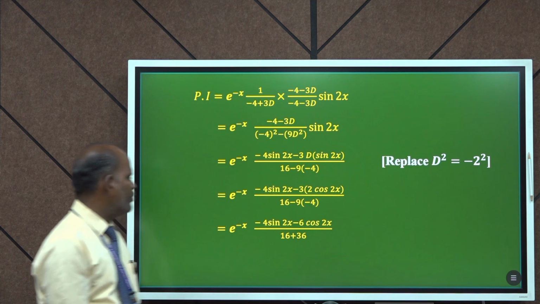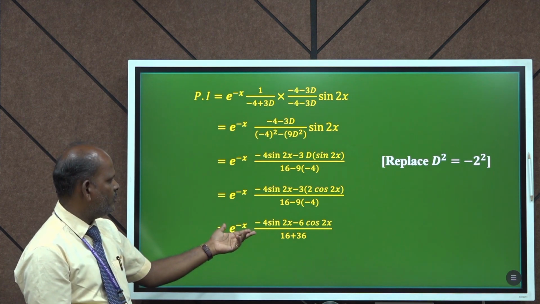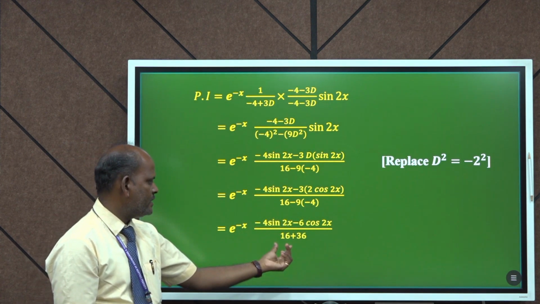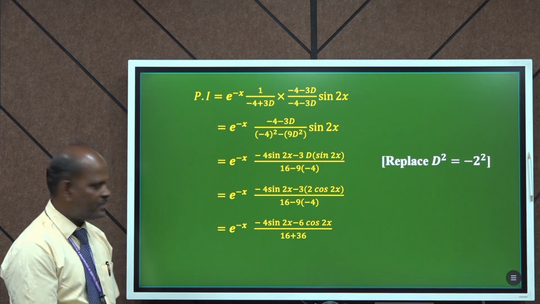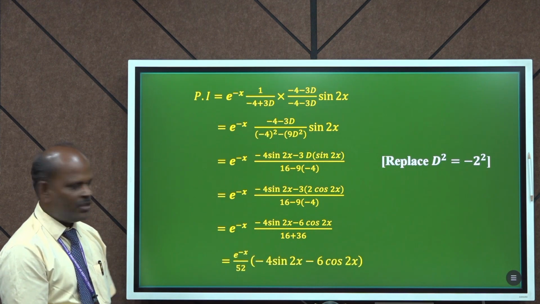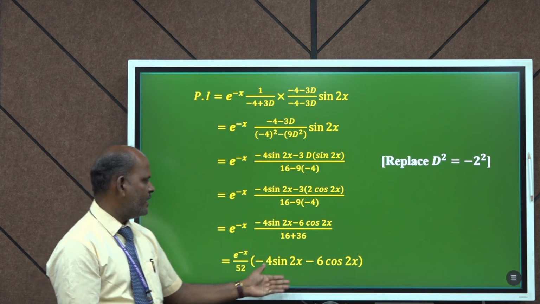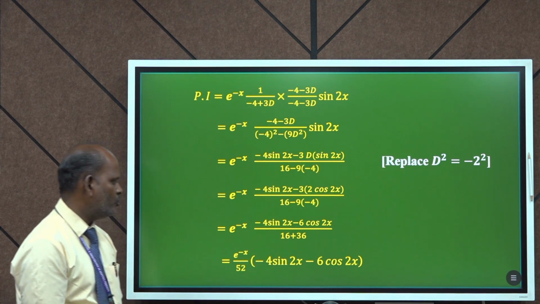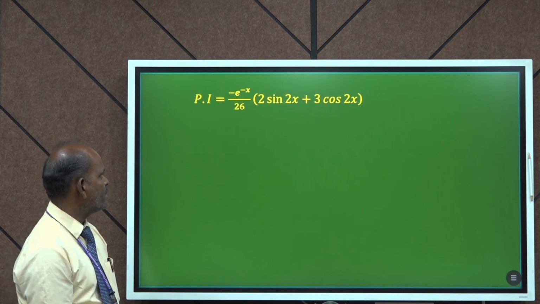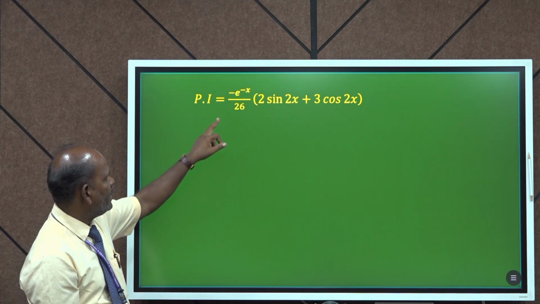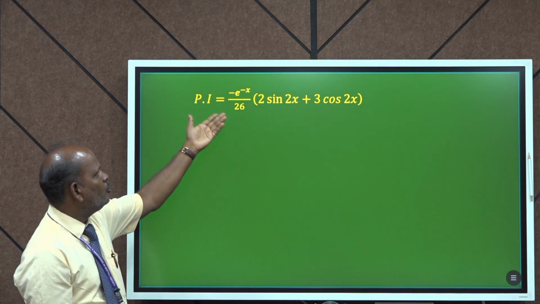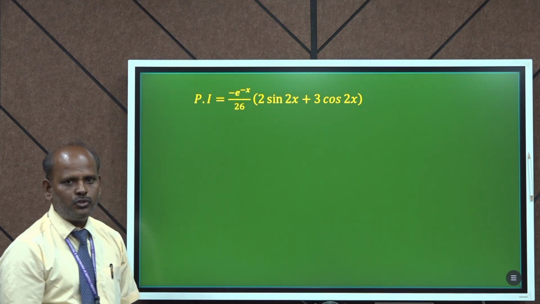That is e power minus x, minus 4 sin 2x minus 6 cos 2x divided by 16 plus 36, which is 52. So e power minus x divided by 52 into minus 4 sin 2x minus 6 cos 2x, we take minus outside. So minus e power minus x divided by 26, 2 sin 2x plus 3 cos 2x.